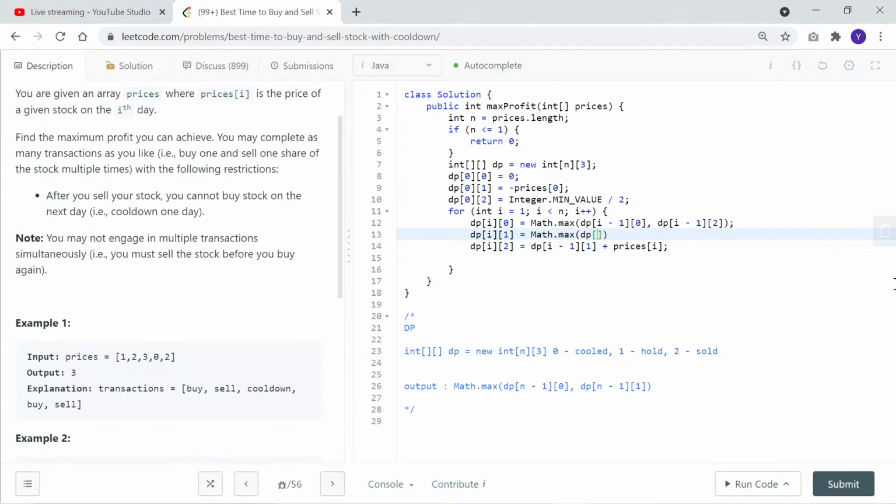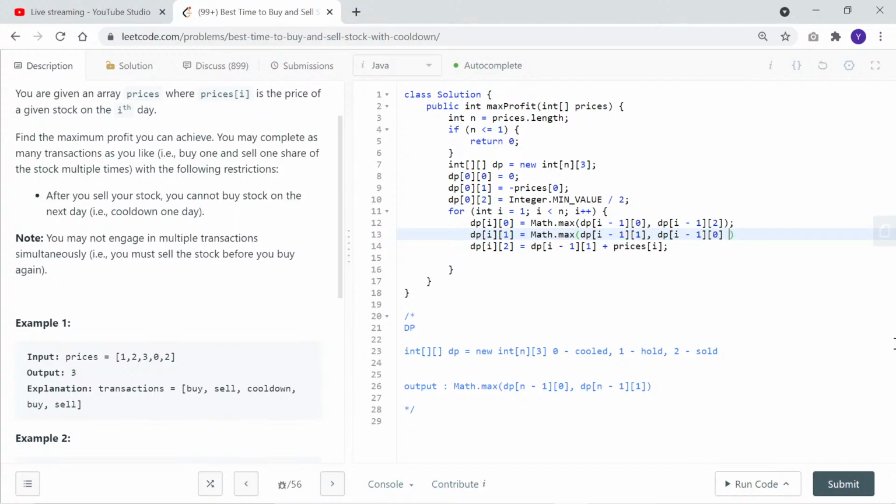And dp[i][1] is, on the previous day we might also hold the stock. But also on the previous day we might be in the cooled condition.